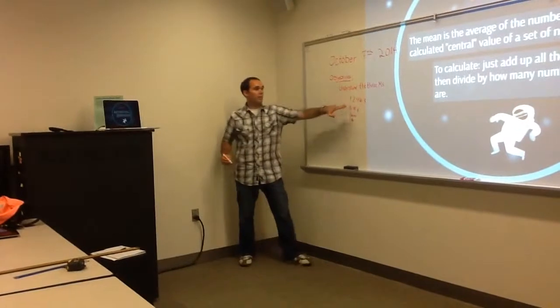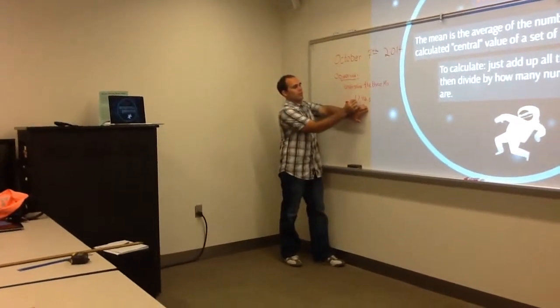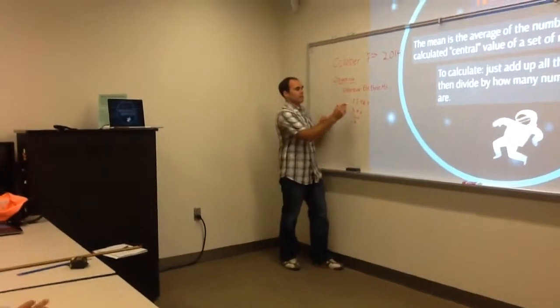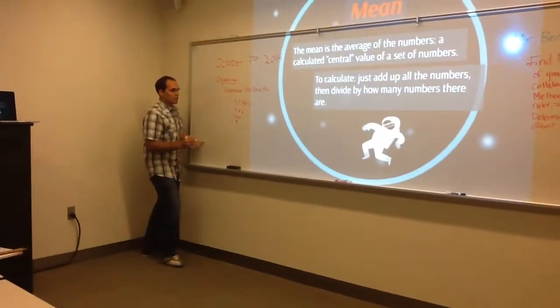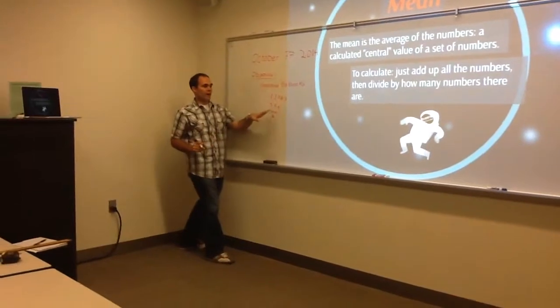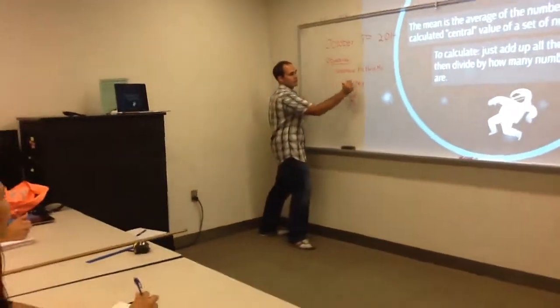Perfect. Now, how many numbers do we have in our original set right here? 5. So we have 1, 2, 3, 4, 5. Perfect. So now, after we've added all these up, we divide this number by this many numbers.